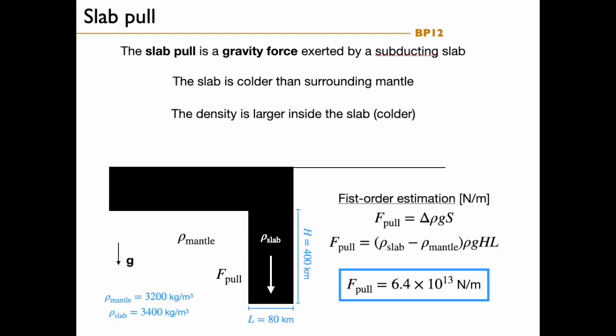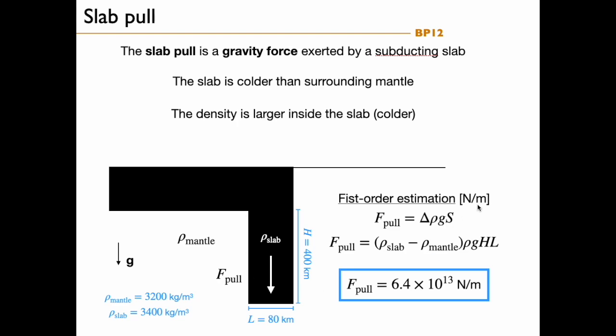How to estimate these values? To estimate the gravity force, we need to know the density difference between the slab and the surrounding mantle, that's delta rho. g is the gravitational acceleration, and S here would be the surface. We are working in a 2D section, so we use the surface instead of the volume.